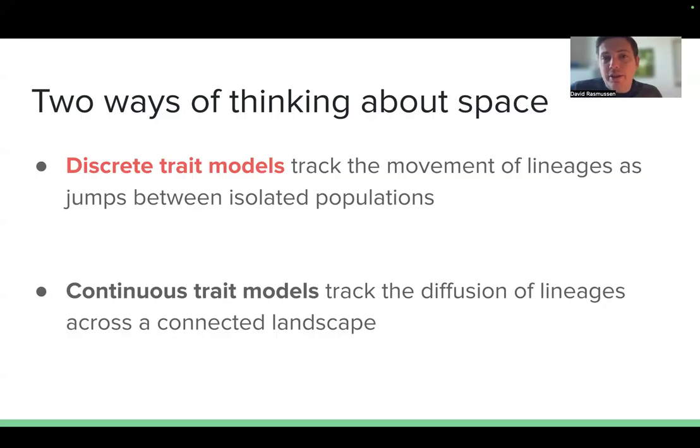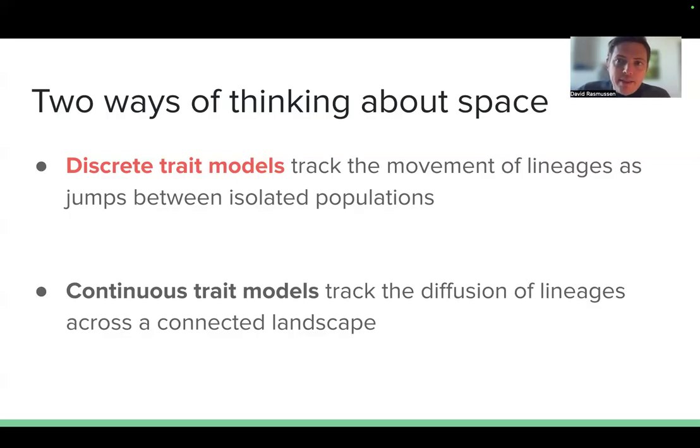There's what we'll call discrete trait models, which think about the movement of lineages between different populations as very much discrete, like instantaneous jumps between different locations or populations. And then there's these continuous models, which think about the movement of lineages more as a diffusive process where lineages just gradually, slowly move continuously across a landscape.